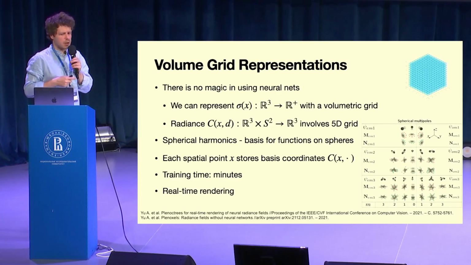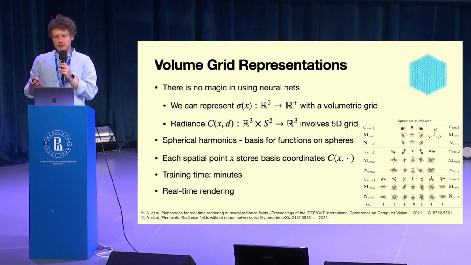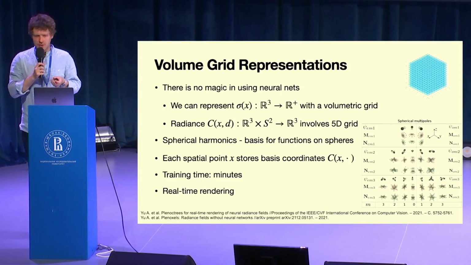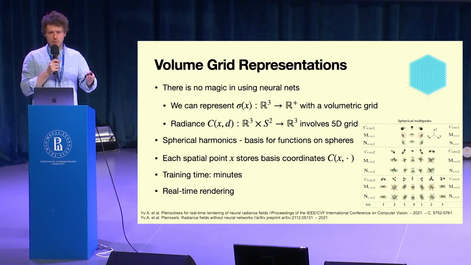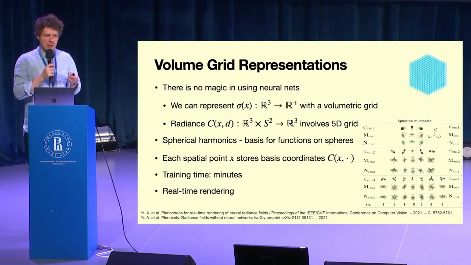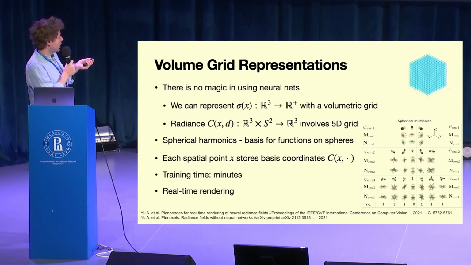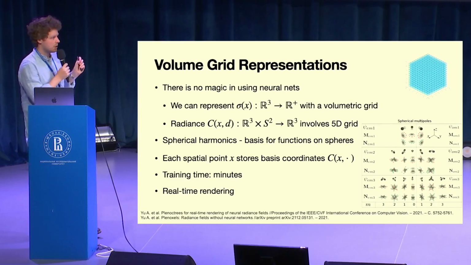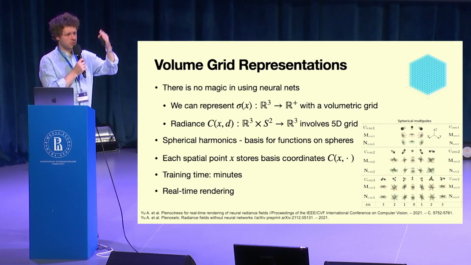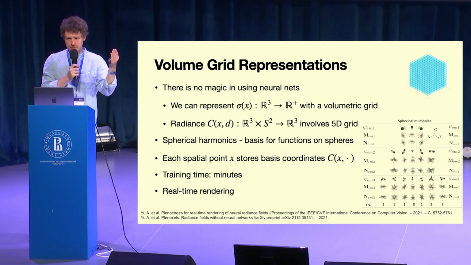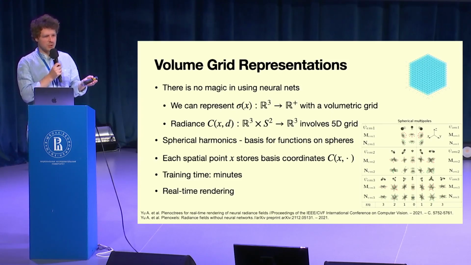Another issue, it's much harder to represent radiance function with a volumetric grid, because radiance function is essentially not a three-dimensional grid, but a five-dimensional grid. So we store volume density with a three-dimensional array. And also we have to store colors for each direction on a sphere, for each point in space, which leads up to a five-dimensional grid.